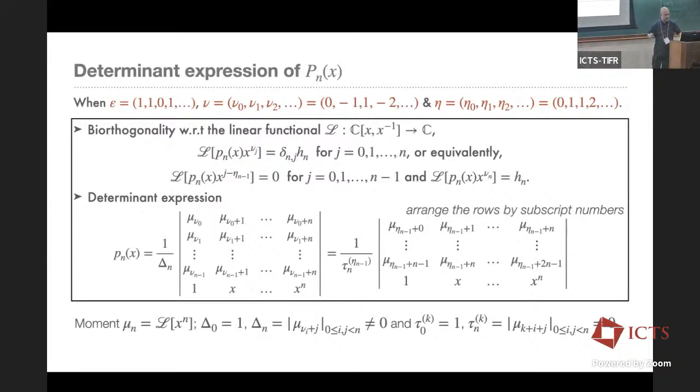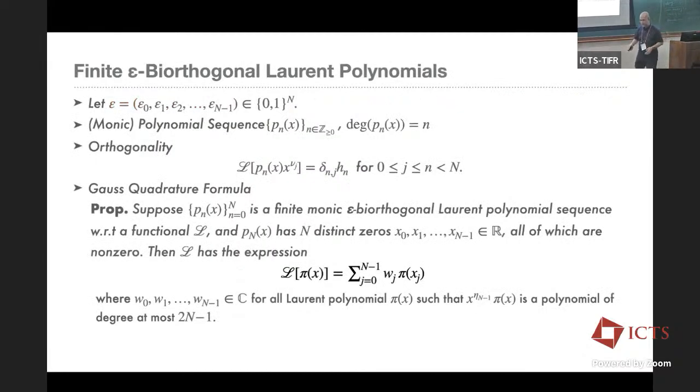So it means that we can obtain the eigenfunction and eigenvectors expressed by using the moments.